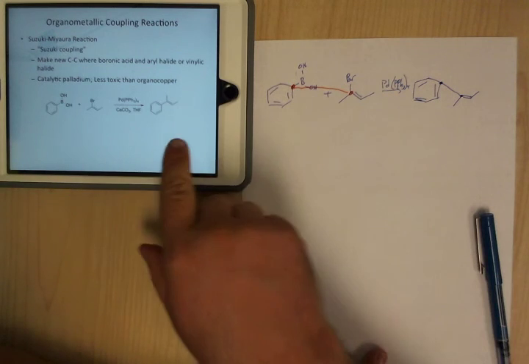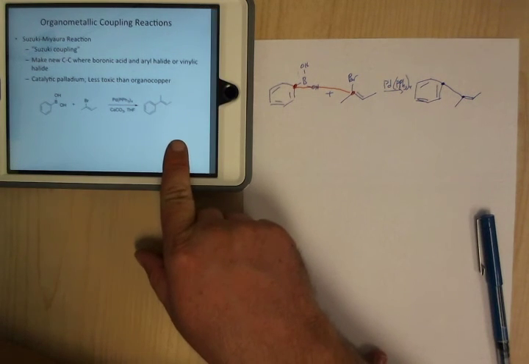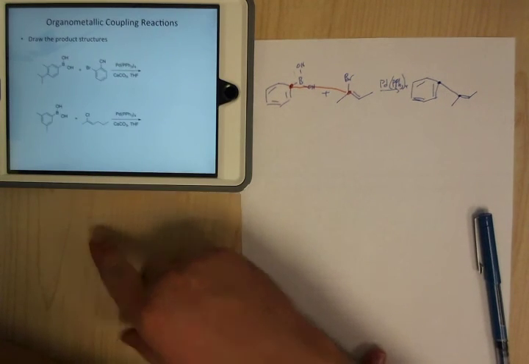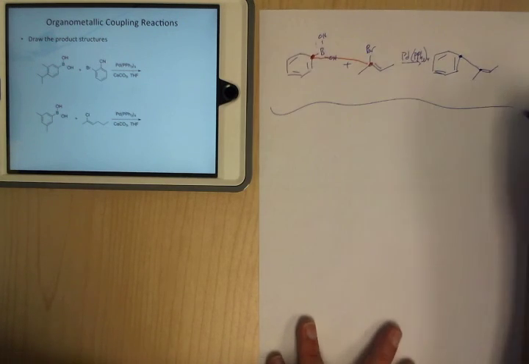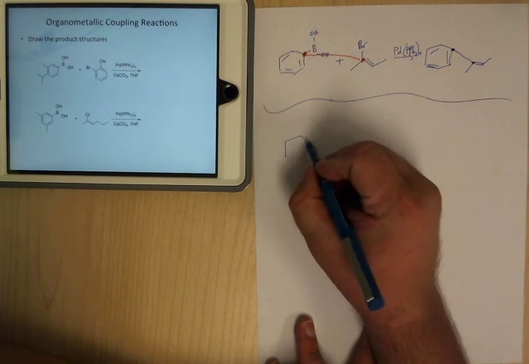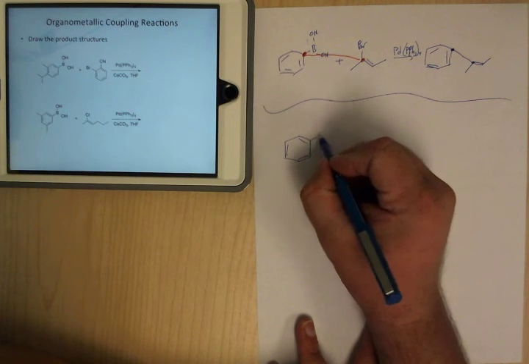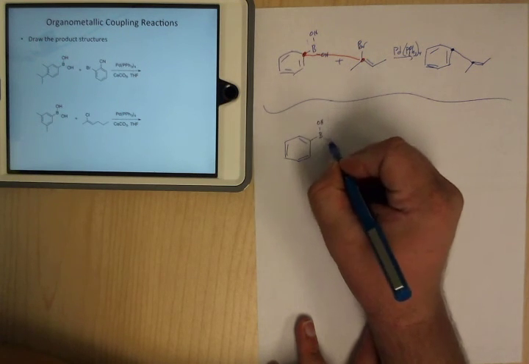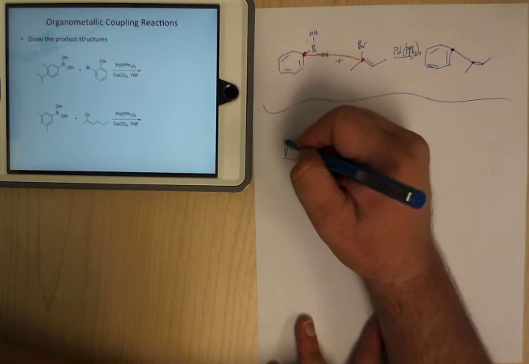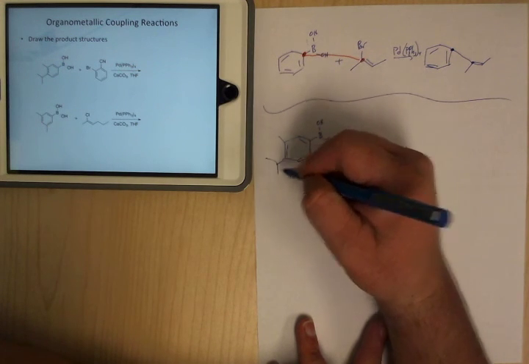Like that. So these are really simple. So you have the OH, the BOH here. So you know, Suzuki coupling.